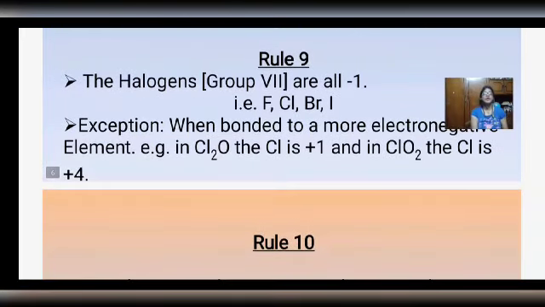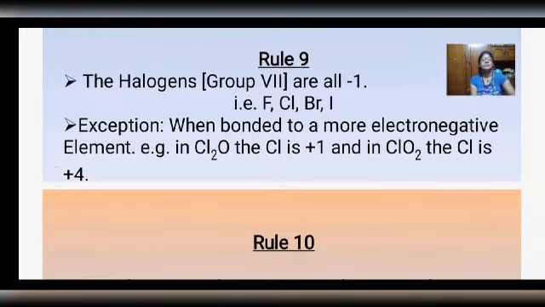Now, talking about halogens. Halogens are group 7 and they are all -1. Why -1? They are ready to accept an electron in order to form an octet. So, naturally they will be forming an ion of -1, chlorine Cl -1, fluorine -1, bromine -1, and naturally their oxidation numbers will be -1.